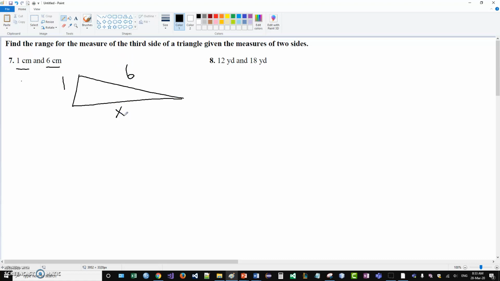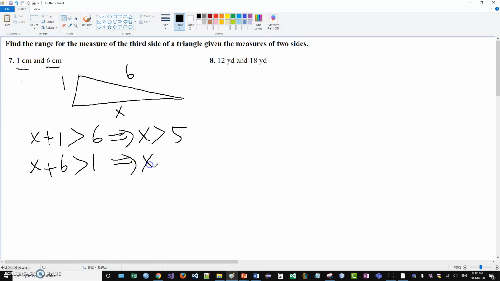Now, let's write the inequalities according to the Triangle Inequality Theorem. X plus 1 greater than 6, that means x greater than 5. X plus 6 greater than 1, that means x greater than minus 5. 1 plus 6 greater than x, that means x less than 7.